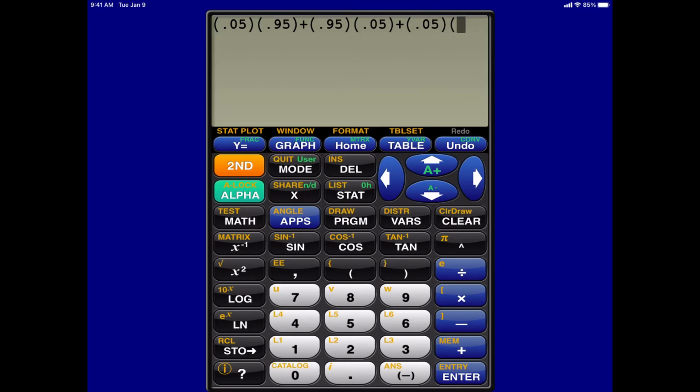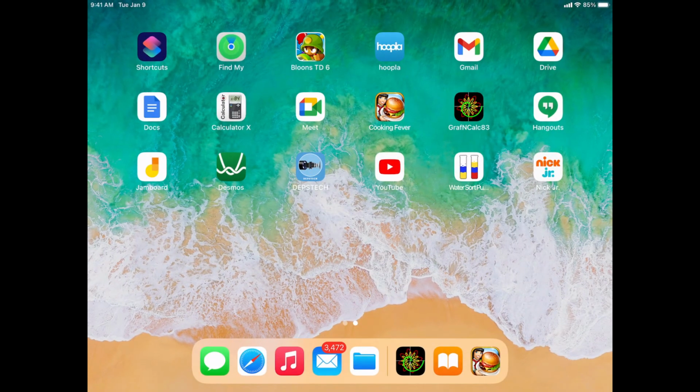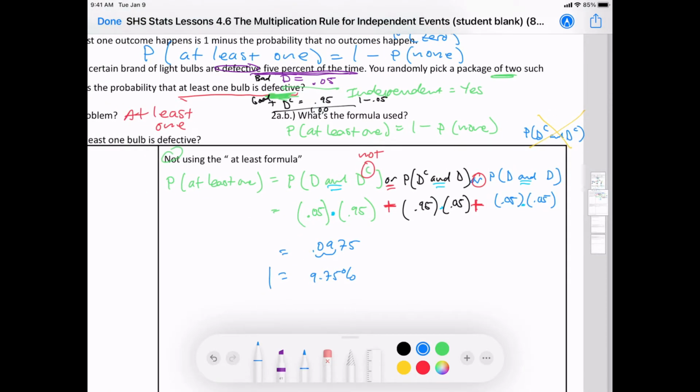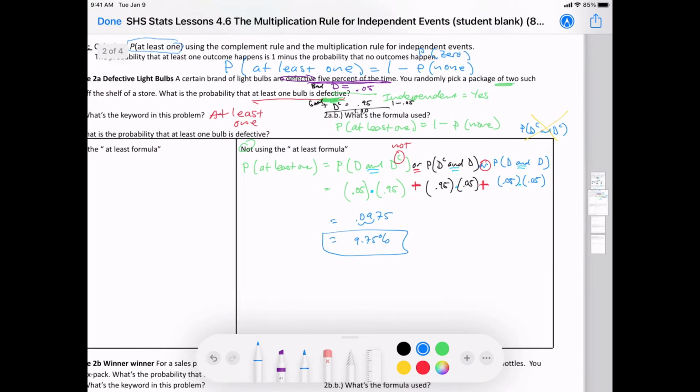You must use parentheses. Alright, 0.0975. That's our answer. There is a 9.75% chance of finding at least one light bulb that is defective.